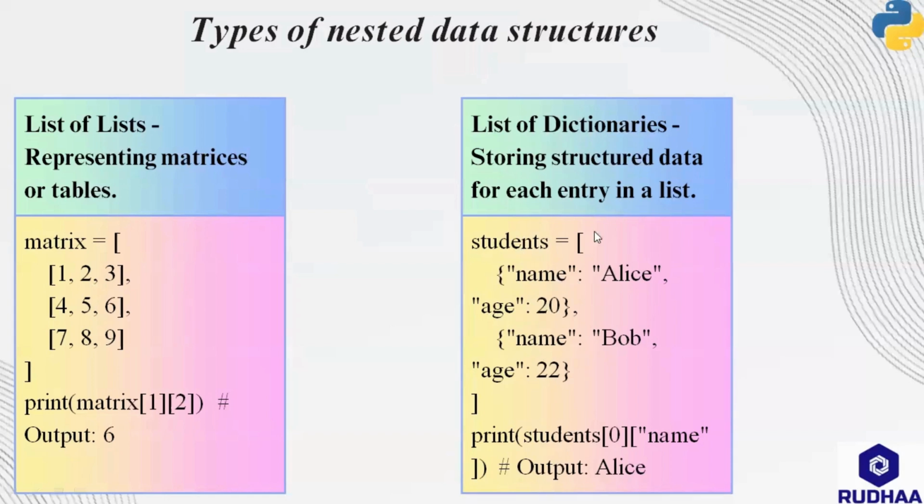Altogether, students is a list of dictionaries. Now we can access print students[0]['name']. The 0 represents the first dictionary, and from that I am accessing name. That means Alice will be printed as the output. So this is how you can use a list of dictionaries.